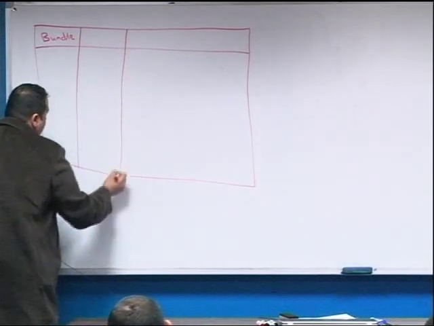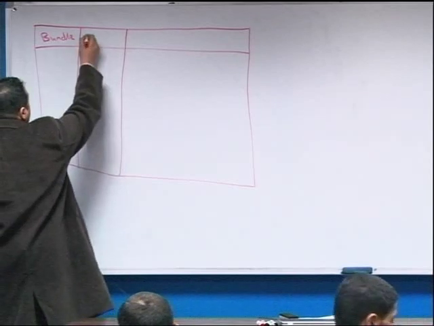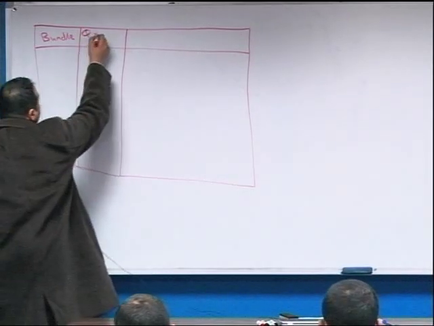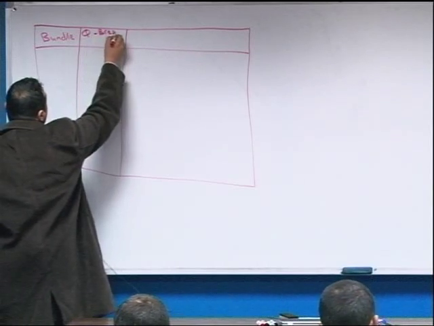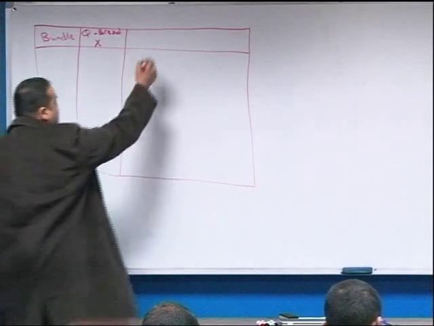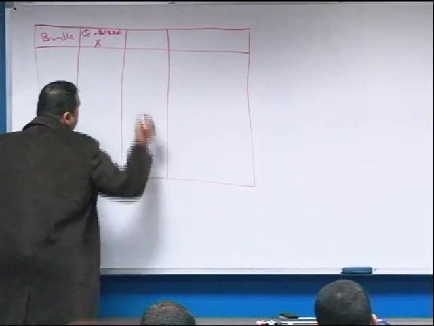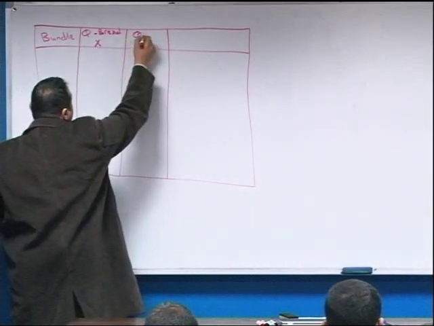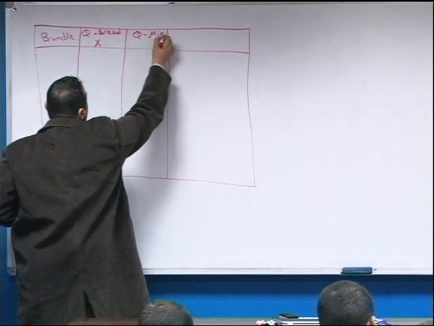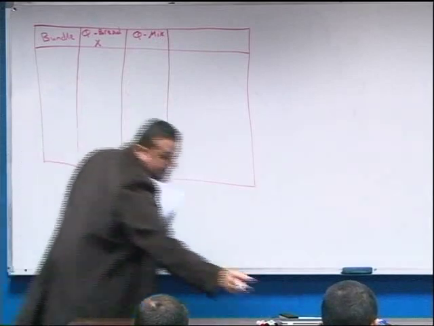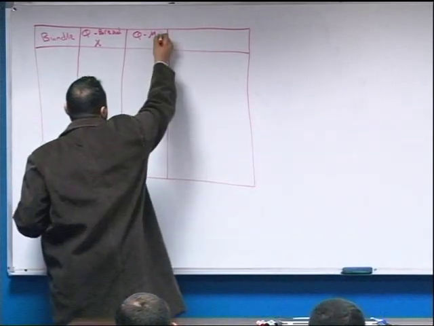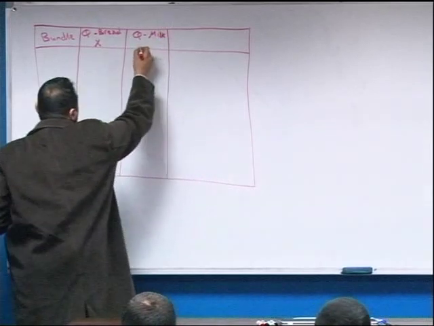The product X is bread. This is the quantity demanded of bread, X, and the quantity demanded of a product Y, which is milk, Y.